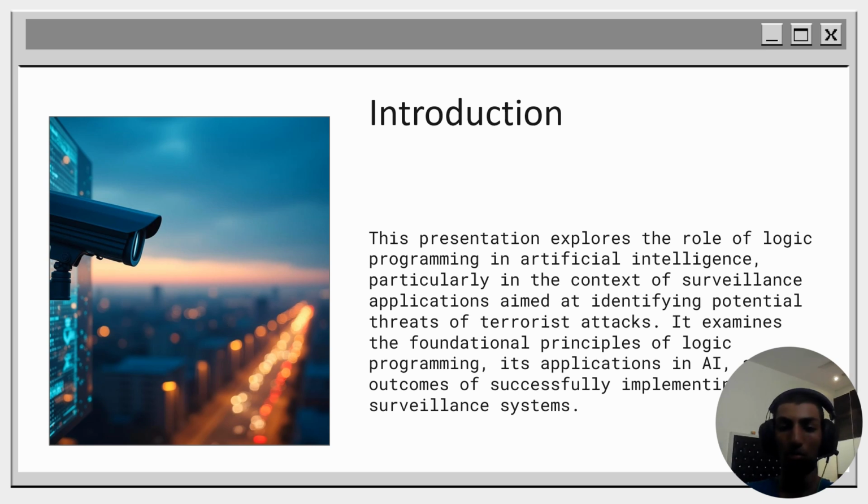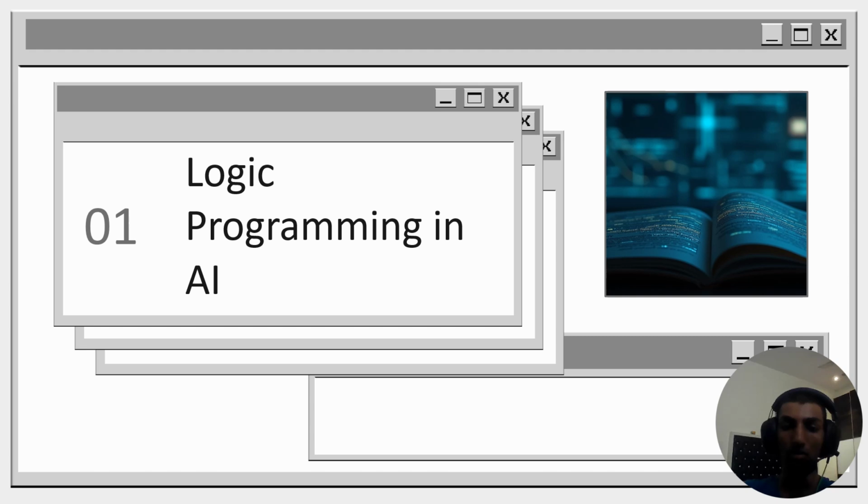The presentation explores the role of logical programming in artificial intelligence, particularly in the context of surveillance applications, aiming to identify potential threats of terrorist attacks, and examines the foundational principles of logical programming, its application in AI, and outcomes of successful implementation in surveillance systems.